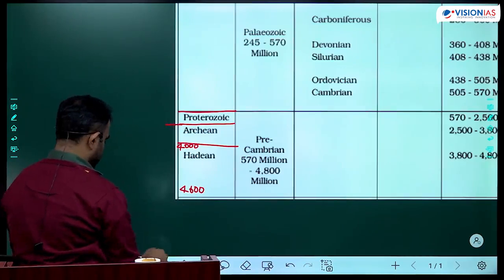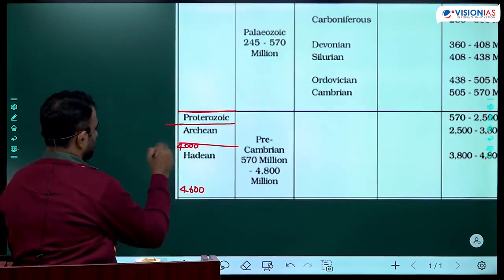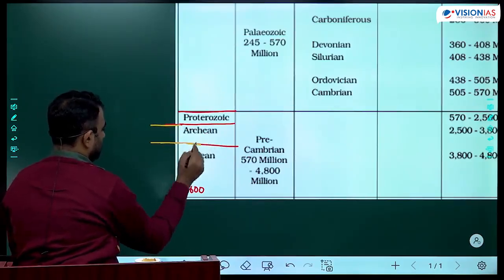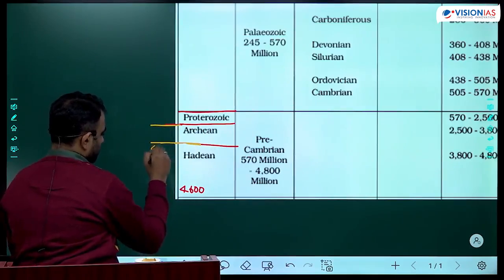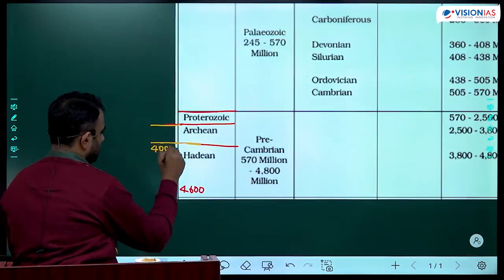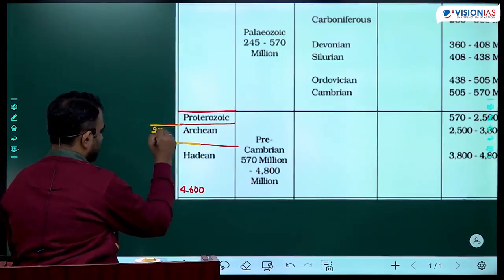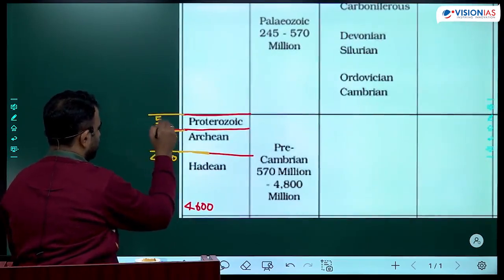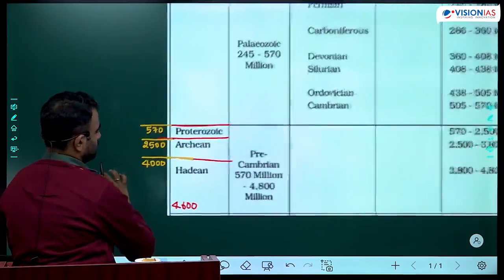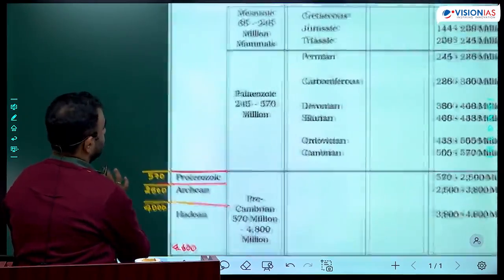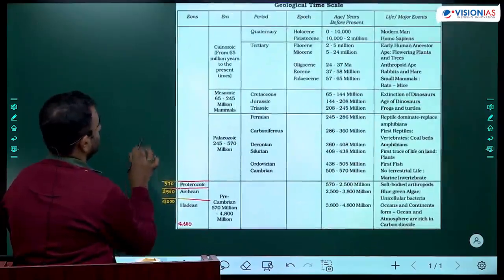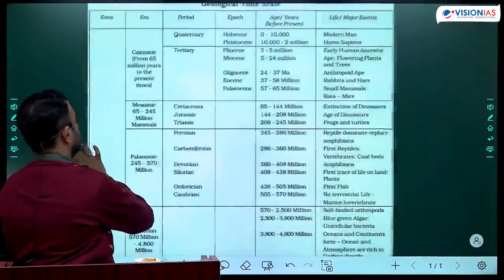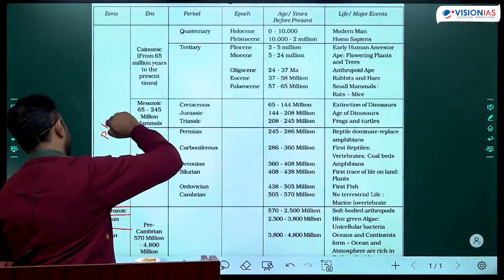Okay, let me write here. Hadean will last until 4000. 4000 to 2500 is Archean. 2500 to 570 is Proterozoic. 570 to present. Okay, this is the present. We are in Phanerozoic.